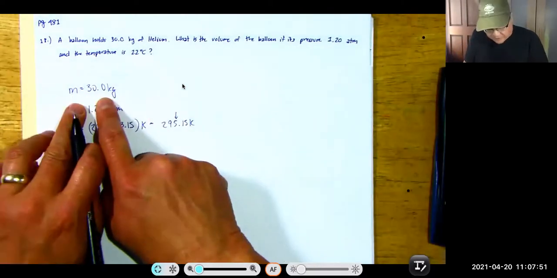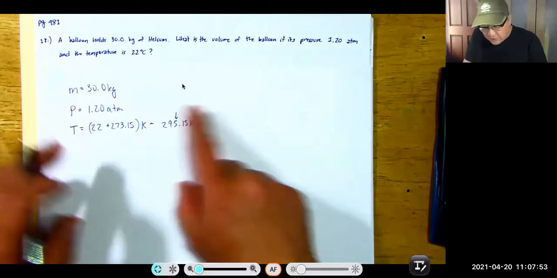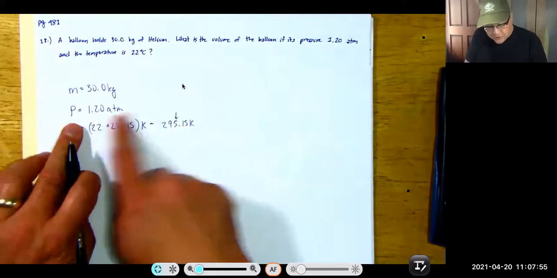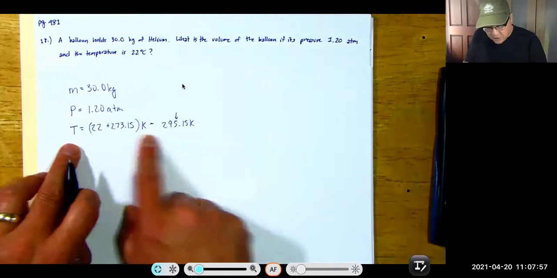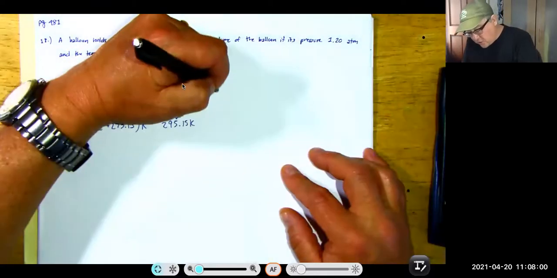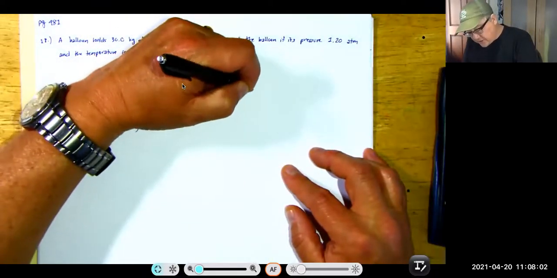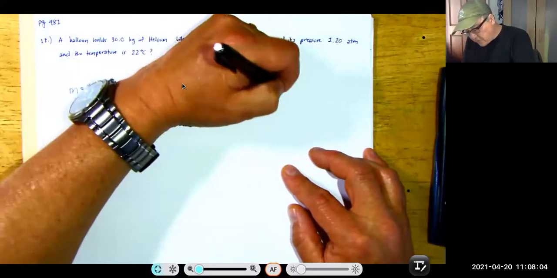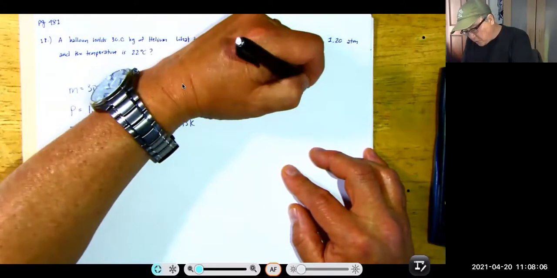Because the mass would give us the moles of gas, right? There's no change. What's the change in pressure? There's no change. What is the change in temp? There's no change. So there's no change in pressure, volume, temp, or moles.